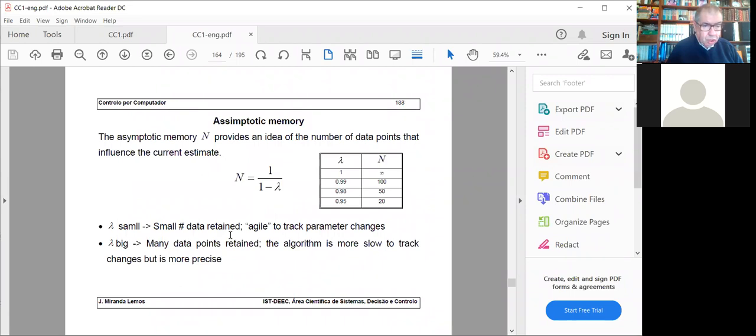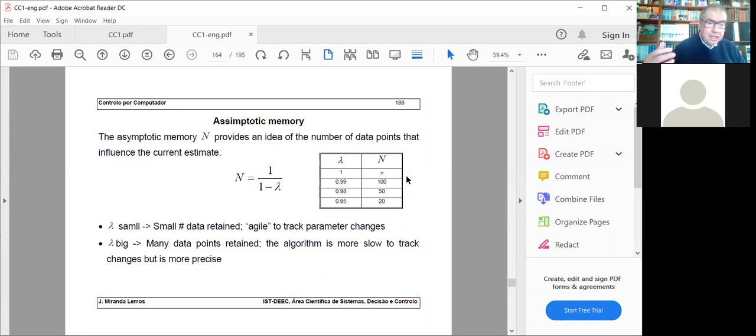Now, you can do all the computations with it, and you can end up with an algorithm. How can I select this lambda? Well, to have some intuition, we can sum the series of the powers of lambda, which is 1 divided by 1 minus lambda. So for lambda equal to 1, this gives you an equivalent number of observations, which is infinity.